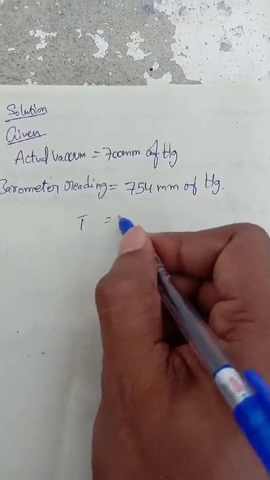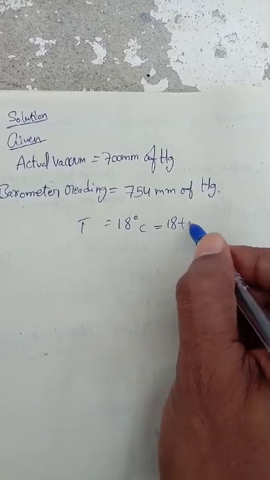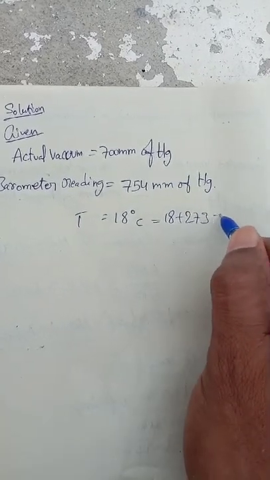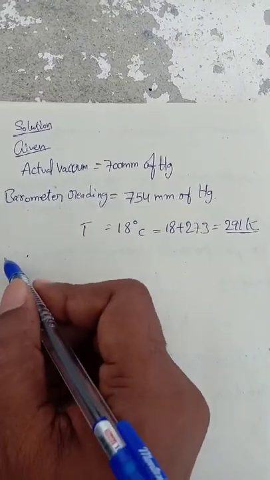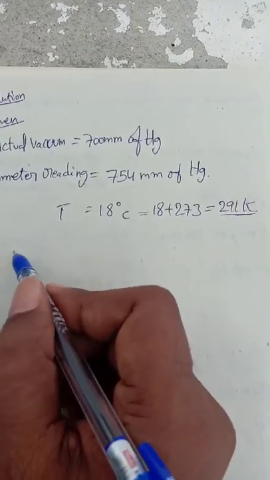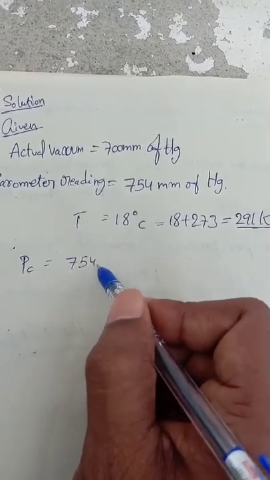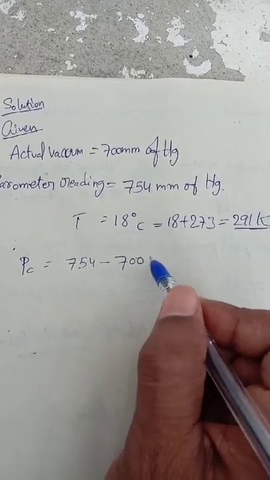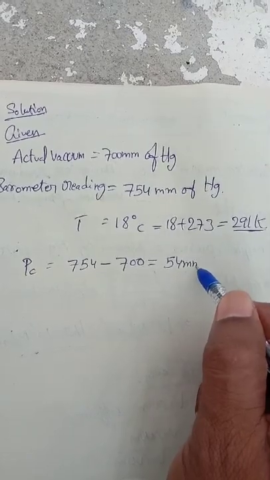The temperature is 18 degrees Celsius, that is 18 plus 273, which is 291 kelvin. We know the pressure in the condenser, PC, is equal to 754 minus 700, which is equal to 54 mm of Hg.